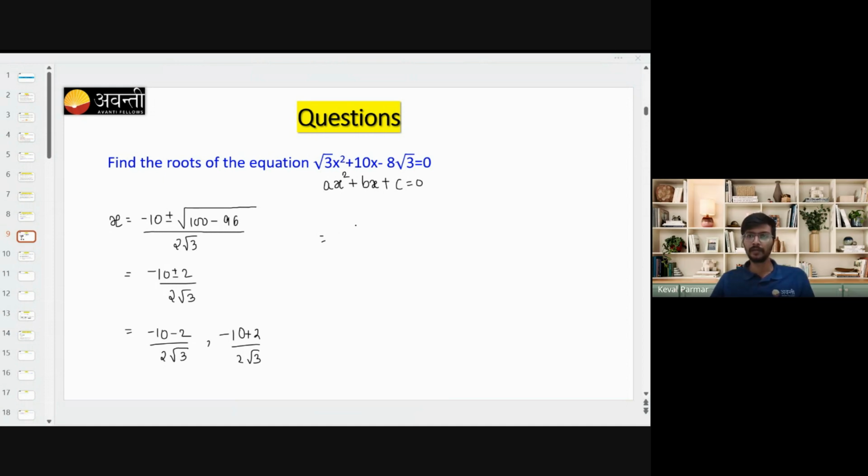Yeah. So what are the answers that we got? We got minus 12 by 2 root 3 and minus 8 by 2 root 3. So it is minus 6 by root 3, comma, minus 4 by root 3. Did you get the same answer, Bhaskar?